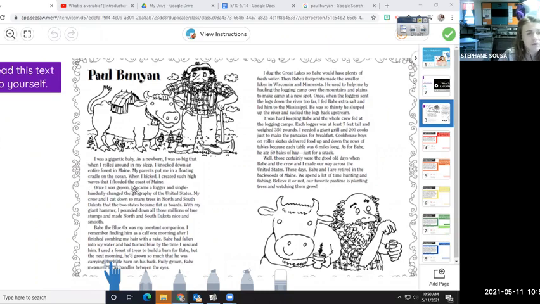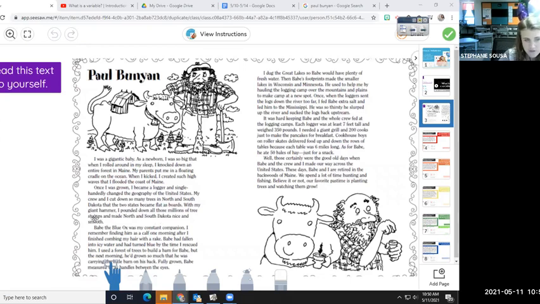Once I was grown, I became a logger and single-handedly changed the geography of the United States. My crew and I cut down so many trees in North and South Dakota that the two states became flat as boards. With my giant hammer, I pounded down all those millions of tree stumps and made North and South Dakota nice and smooth.